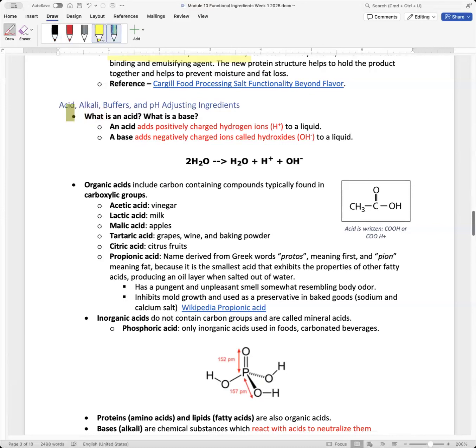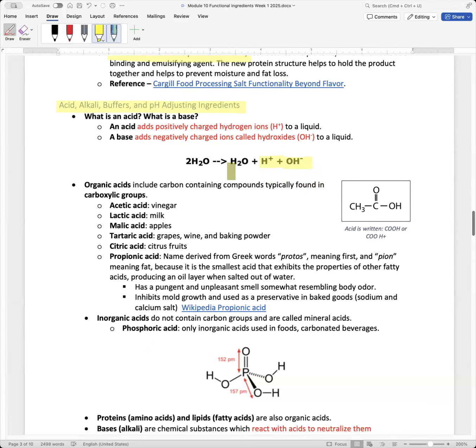So, talking about acids, alkali, and pH adjusting ingredients. An acid is something that releases positive ions in the solution, and a base releases negative ions. So it's the balance of the positive and negative ions.